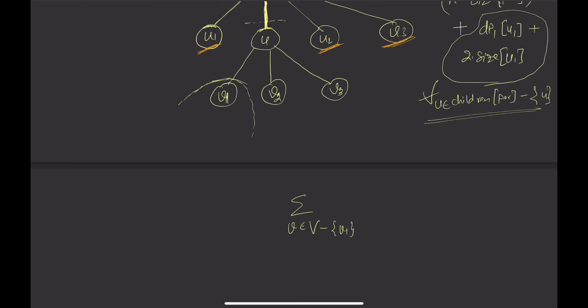Can I say it will be dp1 of v, right? So this value for this v1, it will be v, so they will increment by 2, right? Plus 2 times size of v. Okay.